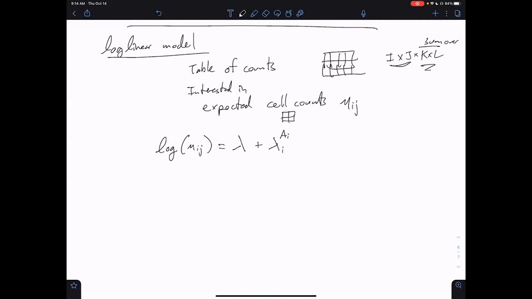So it's a 2x2 table, with A and B, like I or A, B or J. One thing about this is that it is a Poisson model. So you can think about these parameters as, okay, this one controls the grand total.